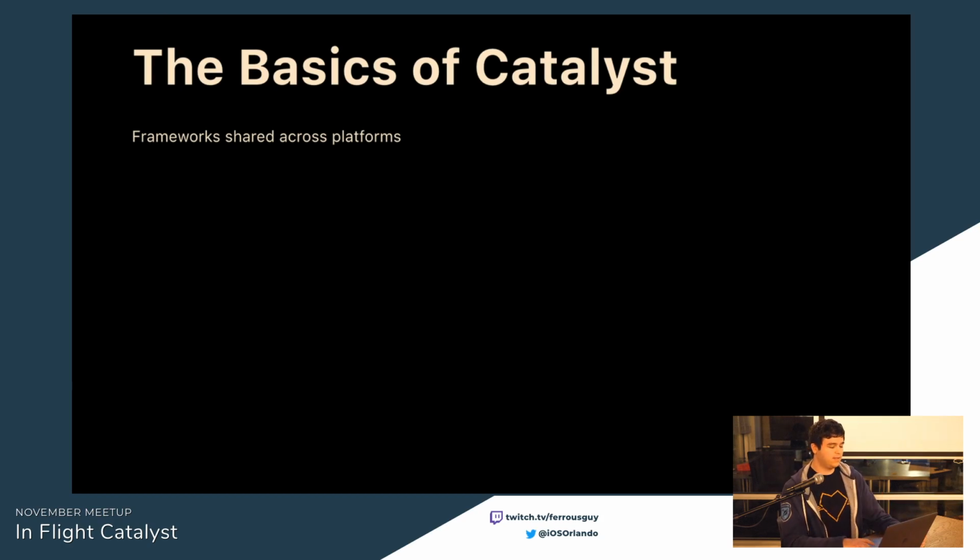So kind of the basic way that Catalyst works is that it shares a lot of the frameworks that are built into iOS with your Mac. A lot of really basic underlying frameworks like Foundation are mostly the same across iOS and Mac. But a lot of other ones have two different versions of those frameworks.